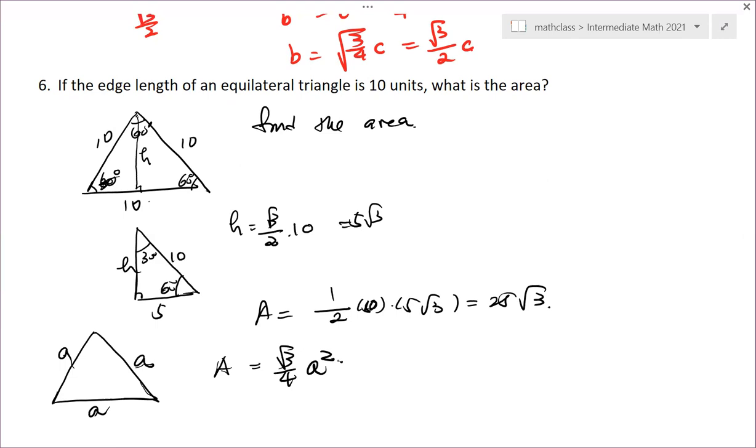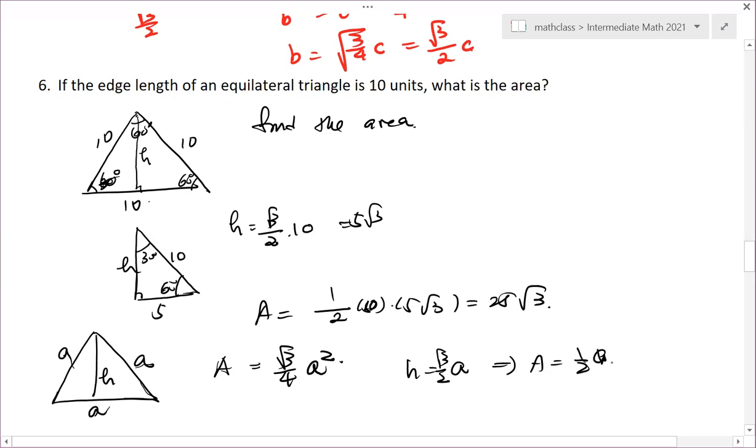the above procedure. You find the h, okay? So h is going to be square root of 3 over 2 times A, right? And then area is going to be half of A times h.